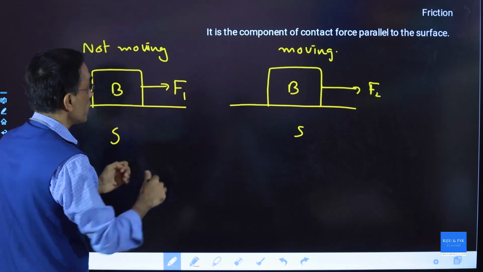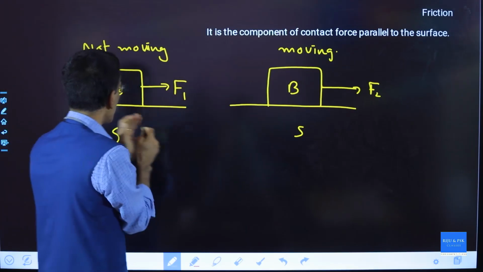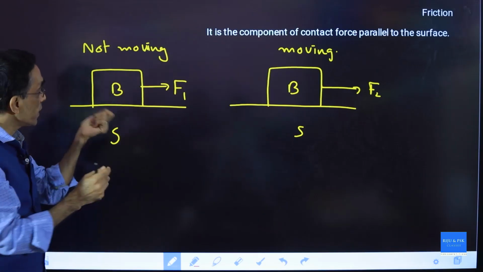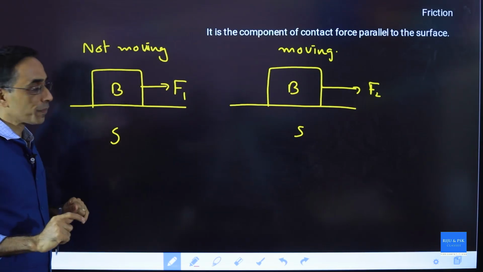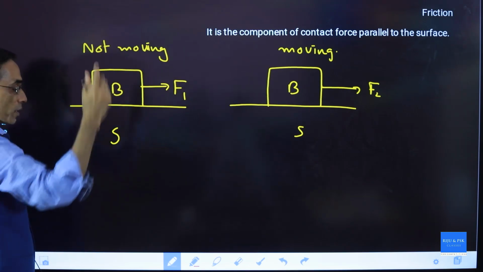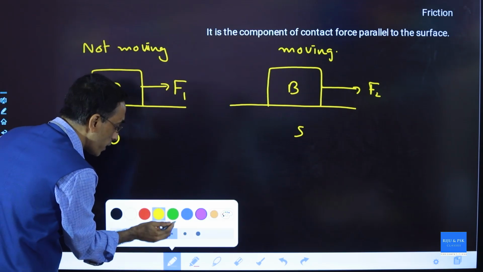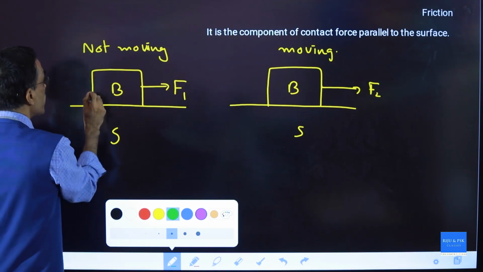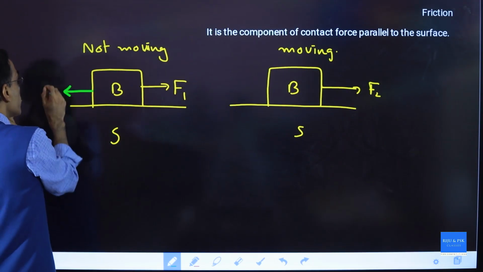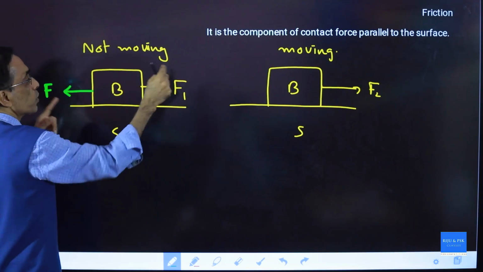Now, it is not moving. There is a force acting on it, but it is not moving, which means there must be some other force cancelling it. Otherwise, this body would have gone. So, there is a force from somewhere which is opposing and cancelling that one, and this opposing force should be equal to that one.